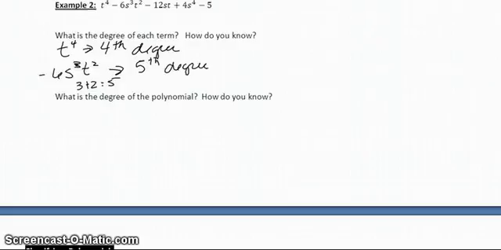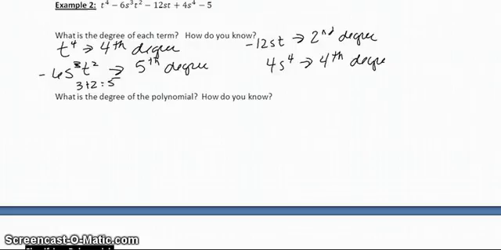Next, I have negative 12st. Adding my exponents, remember when there isn't one written, there's always one. This is going to be second degree. Then I have 4s to the fourth. That's fourth degree as well. And then negative 5. That is degree 0.